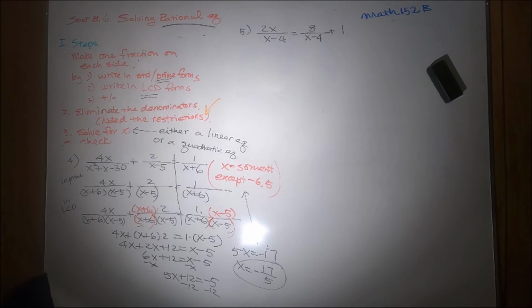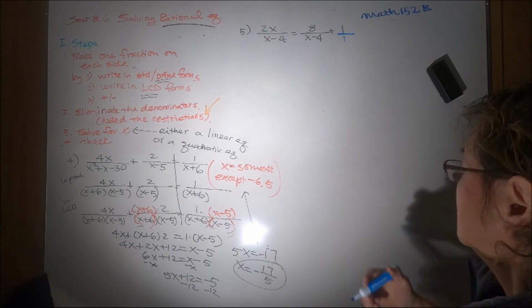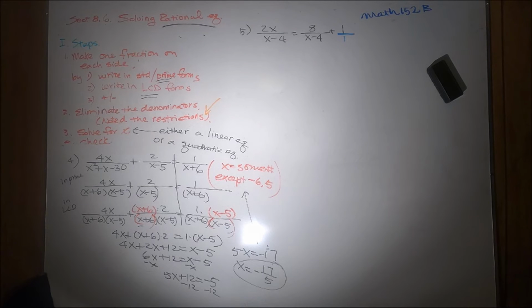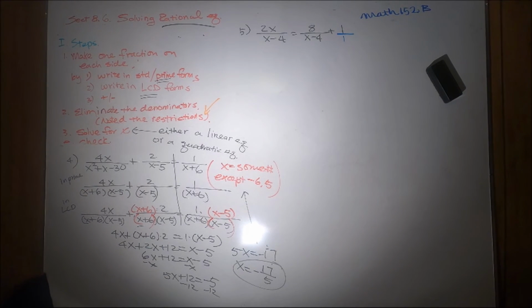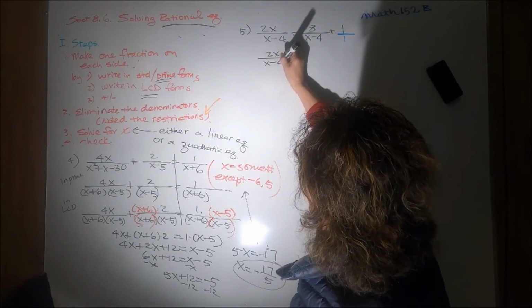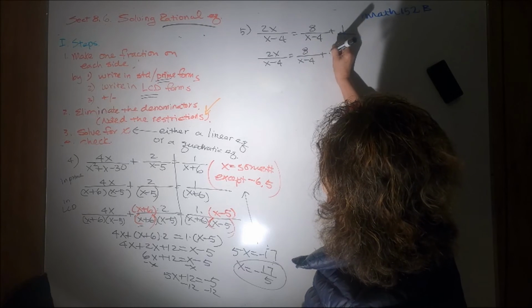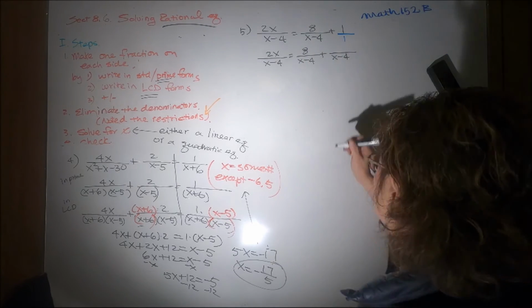So how should we start? Make a single fraction on each side. So this one is 2x over x minus 4. This one will be what? With x minus 4, right?